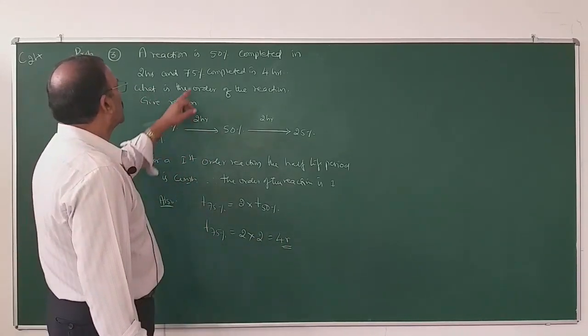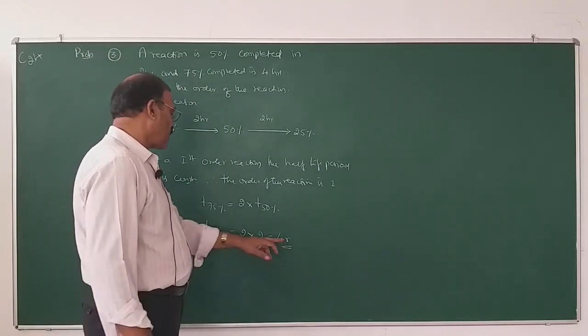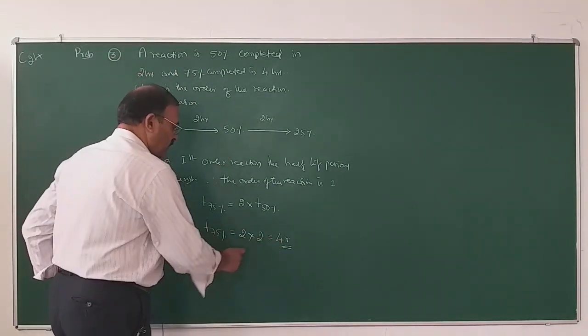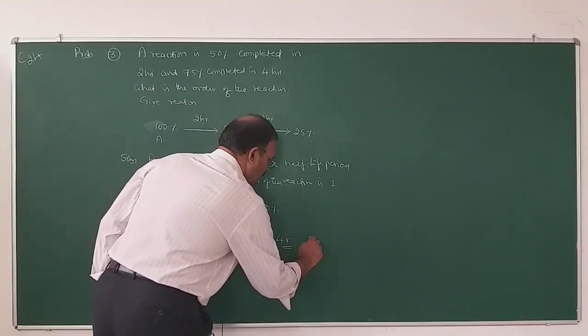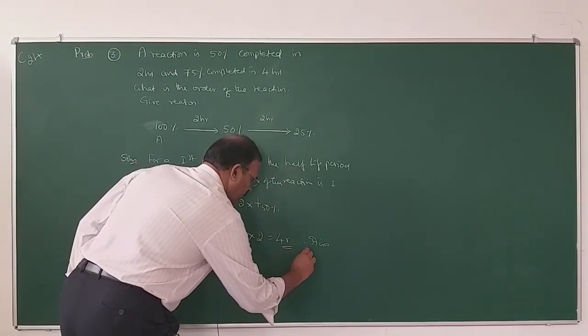Therefore, time required for 75% of the reaction is 4 hours, hence it is a first order reaction.